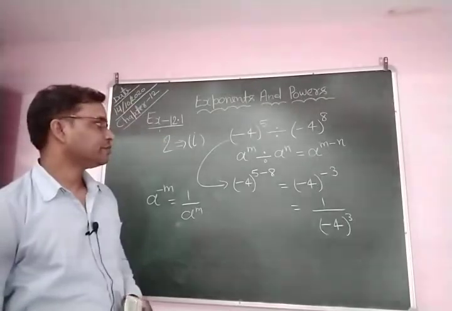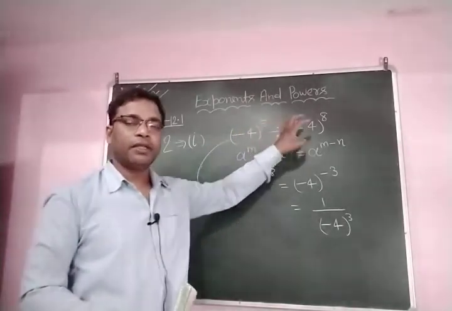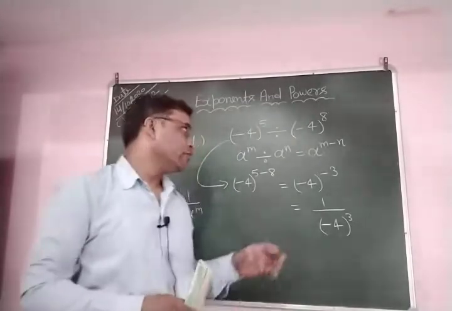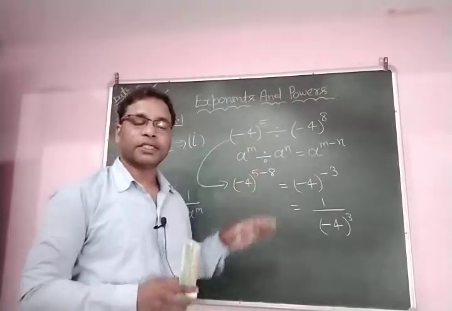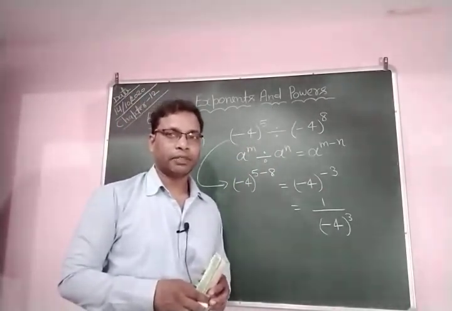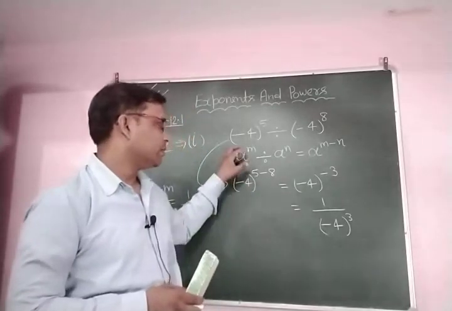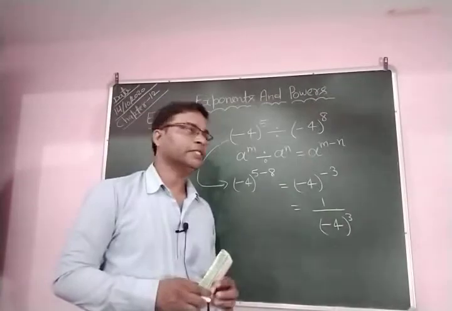Is this clear? The given question is minus 4 whole power 5 divided by minus 4 whole power 8. We use this law of exponents: in the case of division, if the bases are the same, then their powers are subtracted. So a to the power m divided by a to the power n is equal to a to the power m minus n.